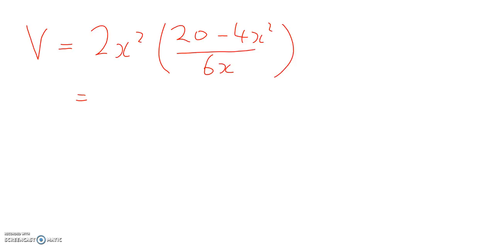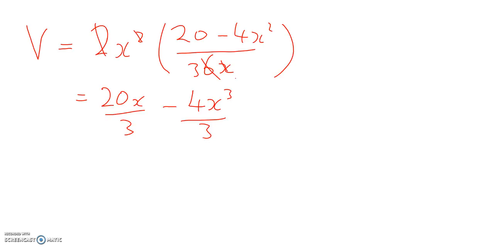The x is going to cancel with one of those x's, and that's going to cancel and make a 3. So this is going to end up 20x over 3 minus 4x cubed over 3. Okay, so there's an expression now for our volume.